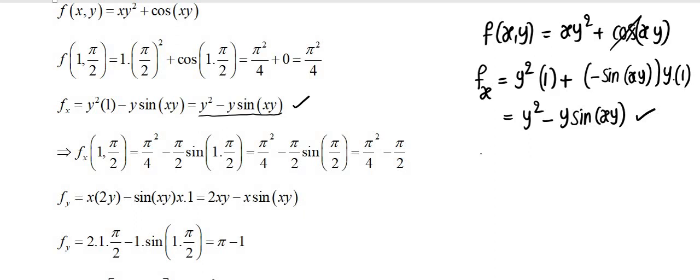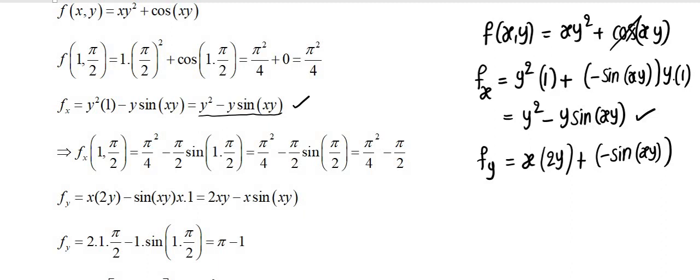Now we find the partial differentiation of f with respect to y. With respect to y means x is constant. For y square, the differentiation is 2y. Again, I am putting the plus sign. Cos differentiation is minus sine, and xy I am writing as it is.